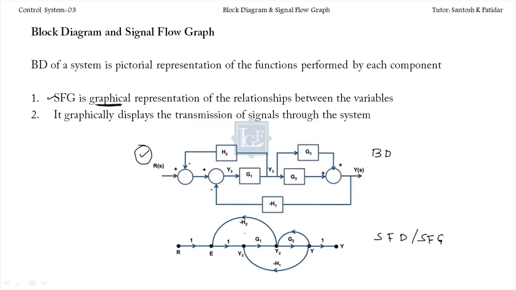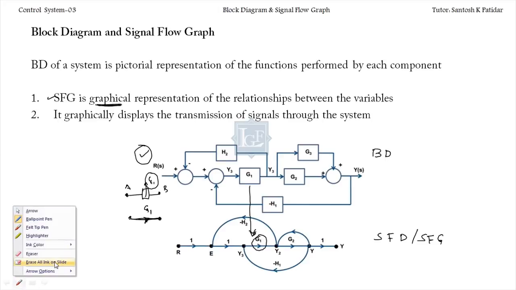Now consider G1. Between two nodes, instead of a block, we have a branch in which the signal is flowing, and this represents the transfer function. In the block diagram, between the same nodes, we have one block whose transfer function is G1.